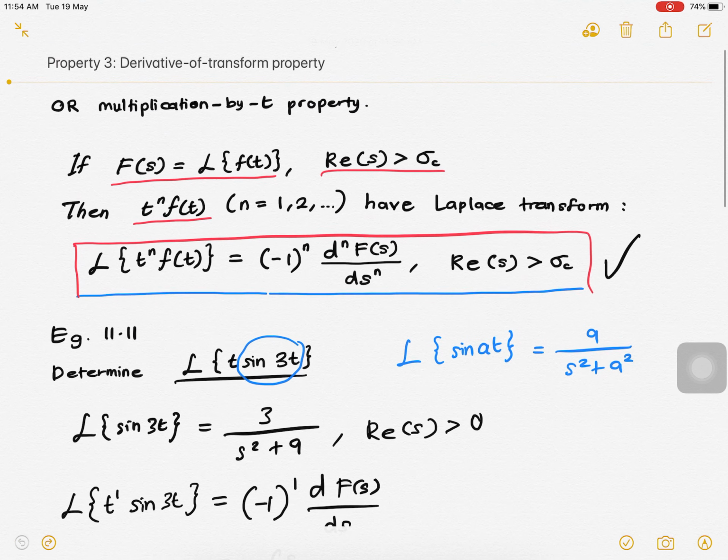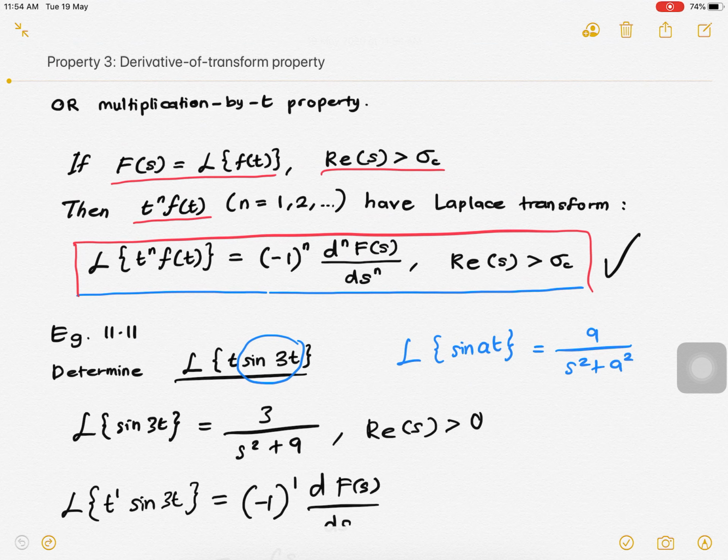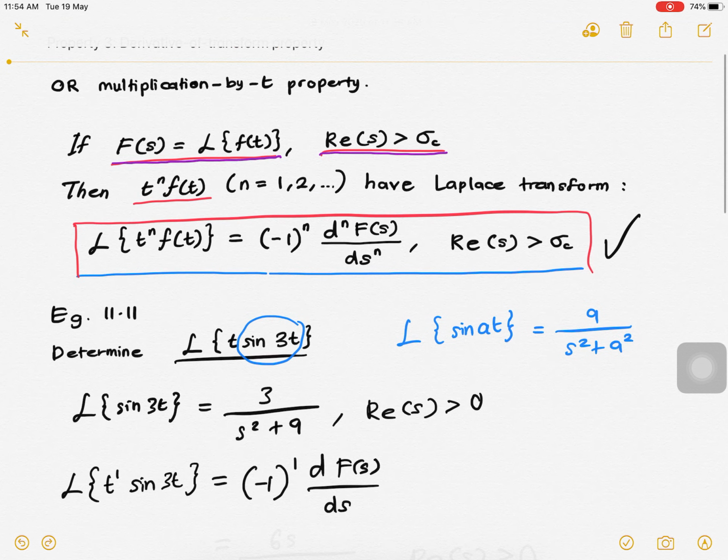If f is the transform of the small f function, and the condition is this epsilon c, then if we add t power of n, where n is an integer, the Laplace transform that we will have is this formula.